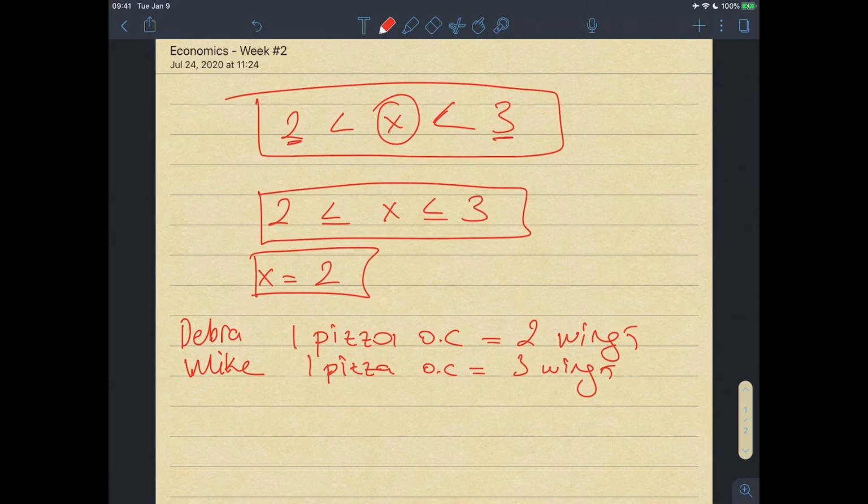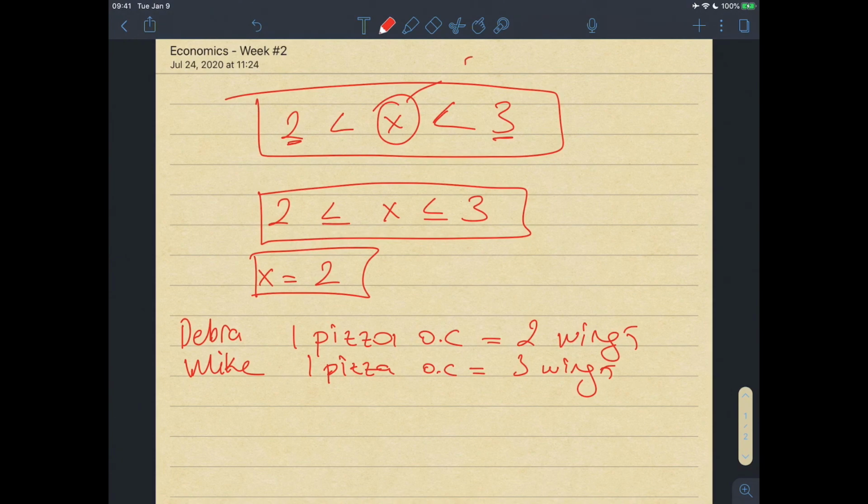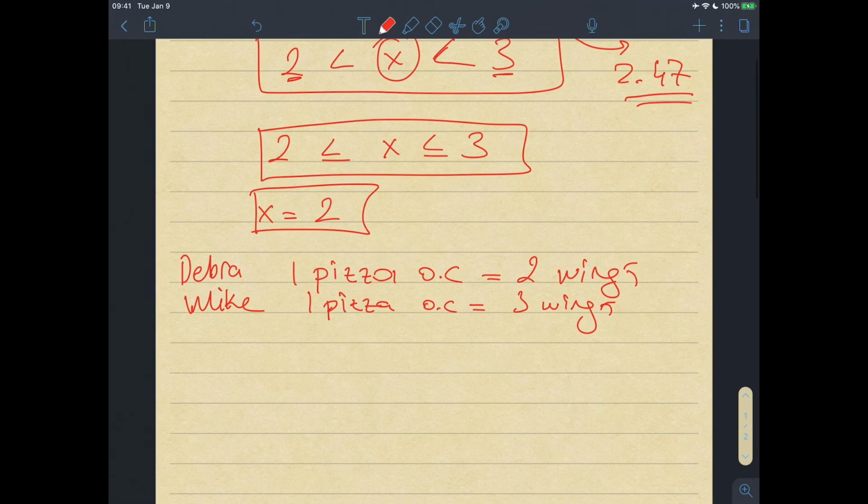Let's assume that instead of choosing 2.47, let's choose 2 right now. And let's try to understand what happens.